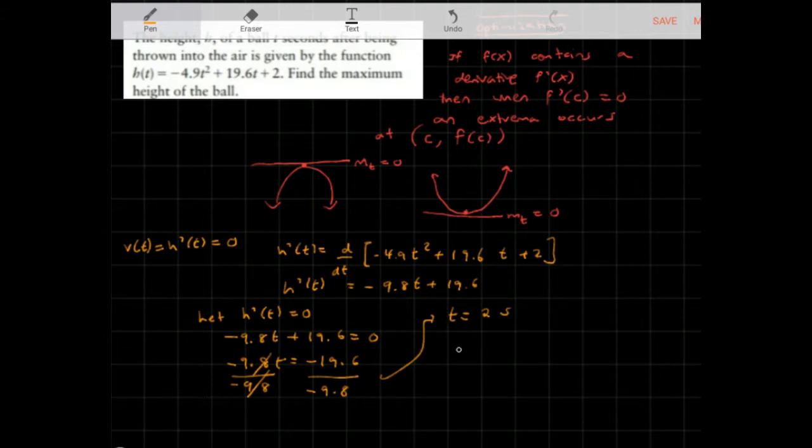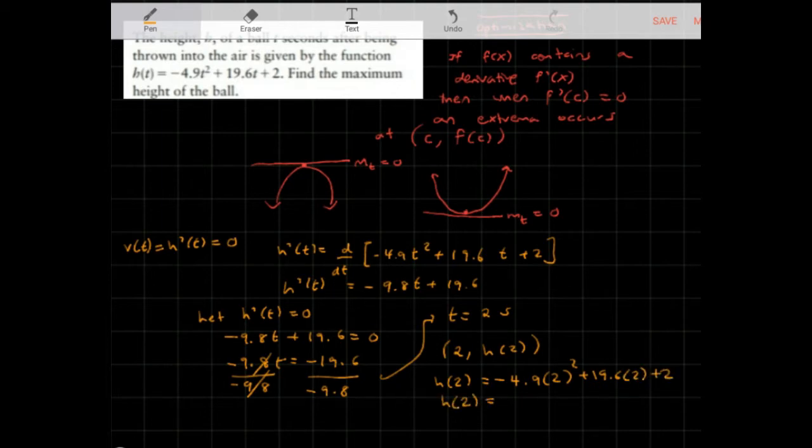Well, what is the maximum height? Well, we know that at 2 seconds, the height should be h of 2, right? So h of 2 should be our maximum height. So h of 2 here, if you plug into your original function, you get negative 4.9 times 2 squared plus 19.6 times 2 plus 2.